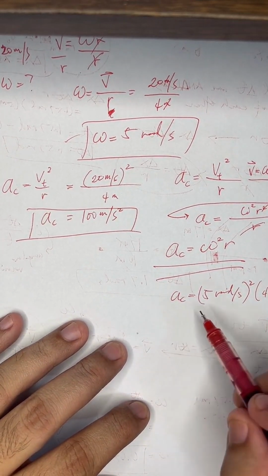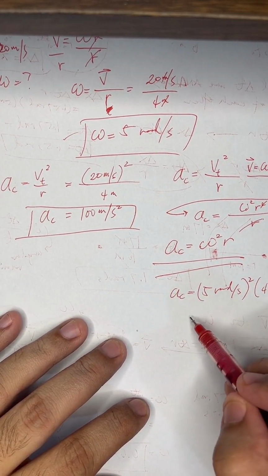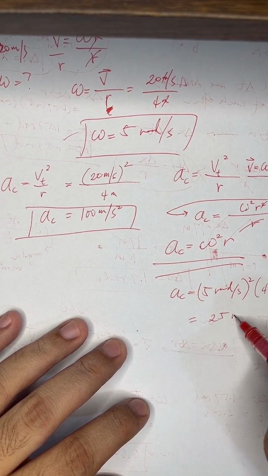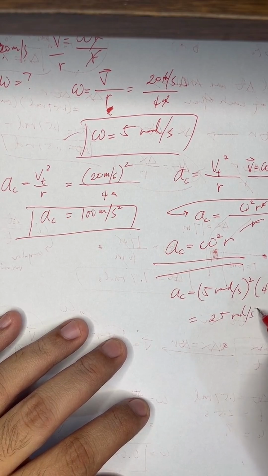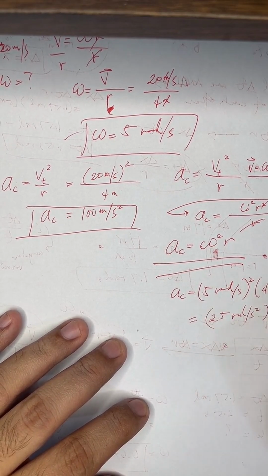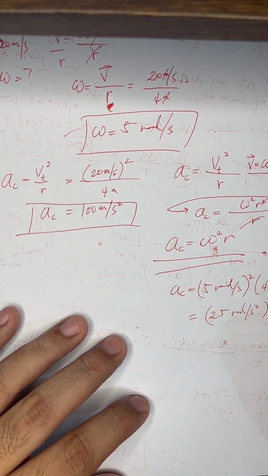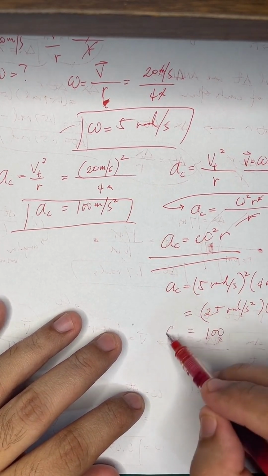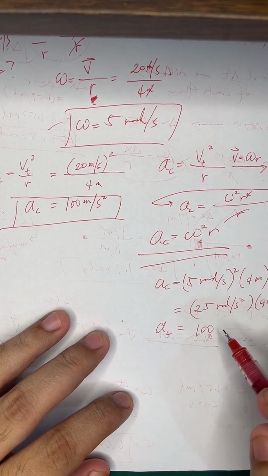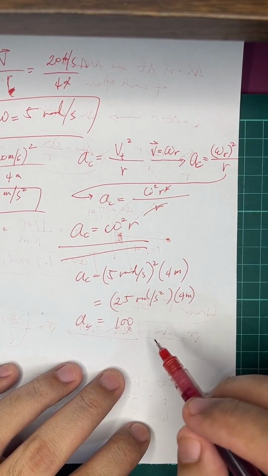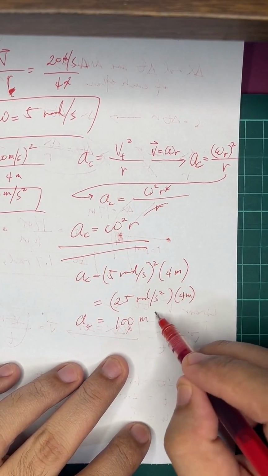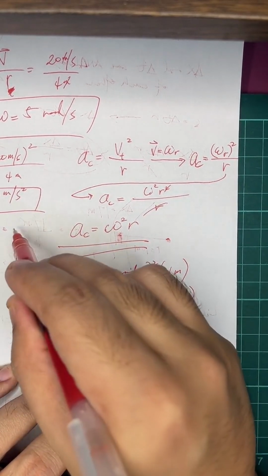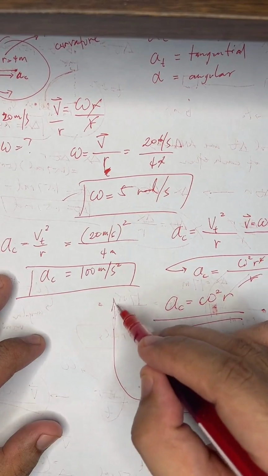So what we get is this. 25 radians per second squared times 4. And what do you guess? It's the same. Centripetal acceleration is 100 meters per second squared. Exactly the same as this one.